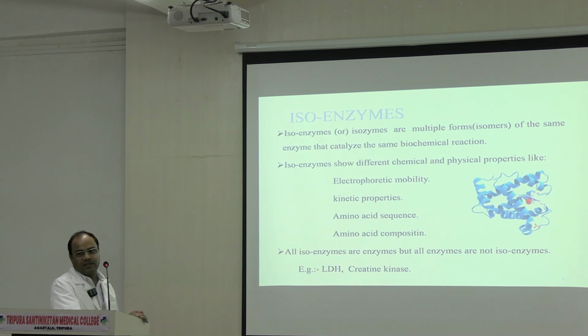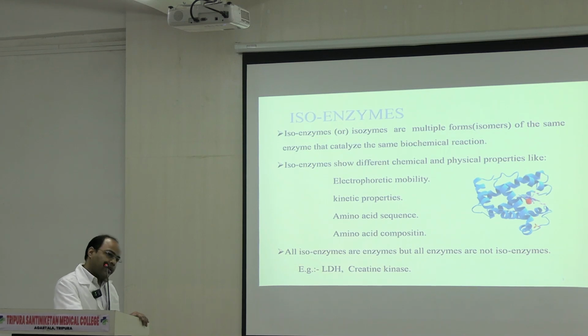I have taken the class. V, the initial reaction velocity, is equal to Vmax times substrate, divided by Km plus substrate. Okay, so isoenzymes are different in kinetic property. There is a little difference in amino acid sequence, and a little difference in amino acid composition.